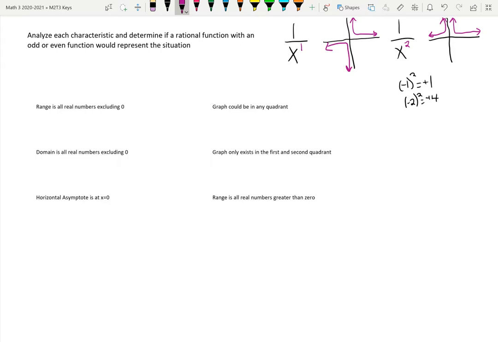So this first one, the range is all real numbers excluding 0. Remember, range is a scan from bottom to top, and it includes all real numbers including zeros. This is only going to be odd. The even does not include negatives.